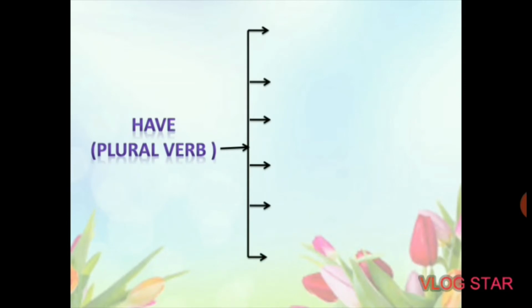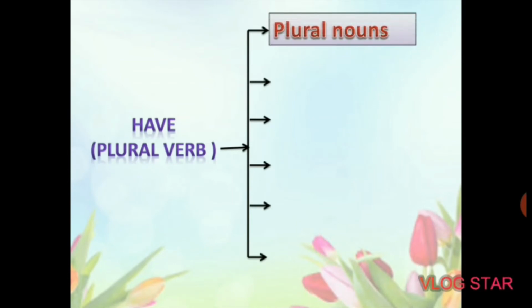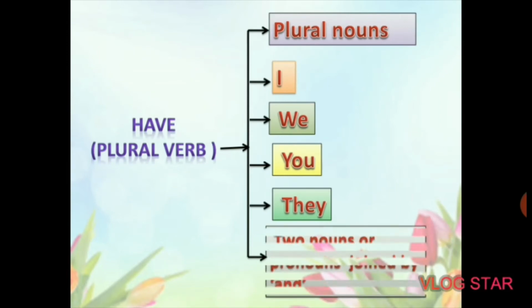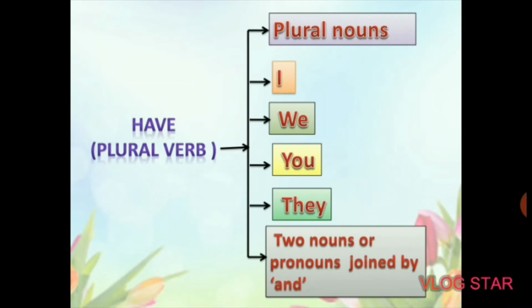Have. Have is a plural verb and it is used with plural nouns and the pronouns like I, we, you and they. We use have verb when two nouns or pronouns are joined by and. Let's have some examples.